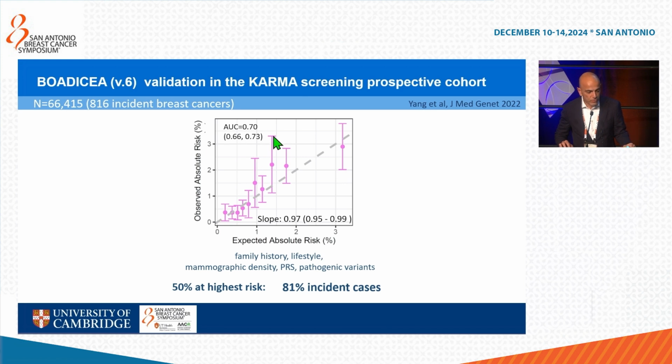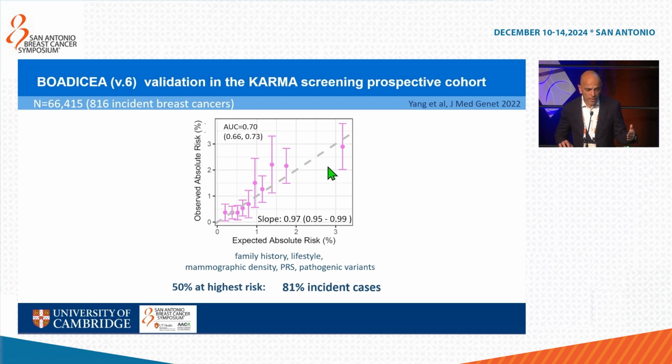The area under the curve here was around 70%. If we take the 50% of women with the highest assigned risks, those identified around 81% of the incident cancers that occurred in the observation period. So you target half of the population, but you identify the majority of the cancers.